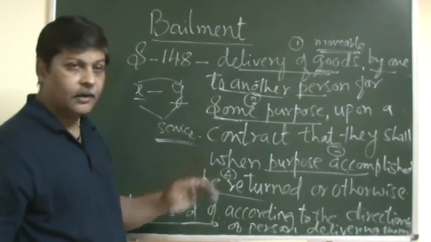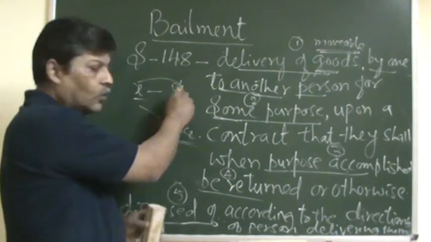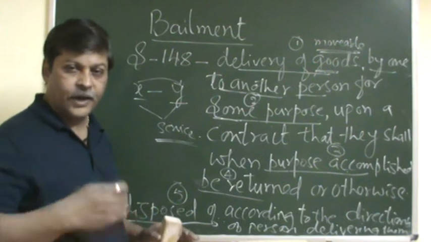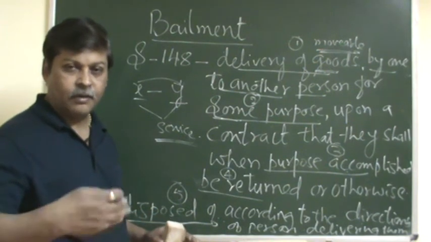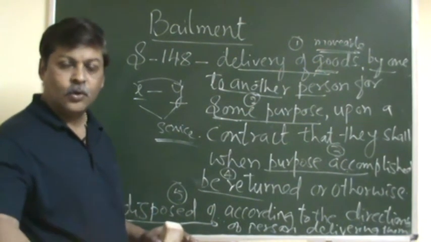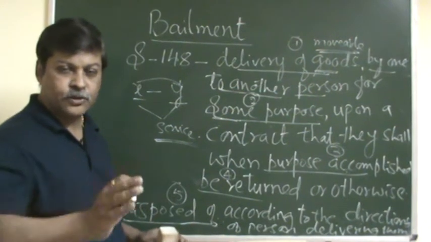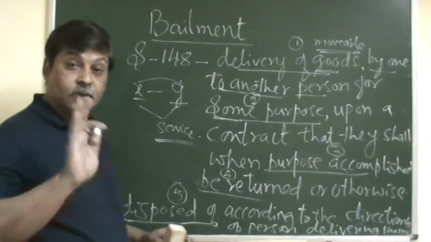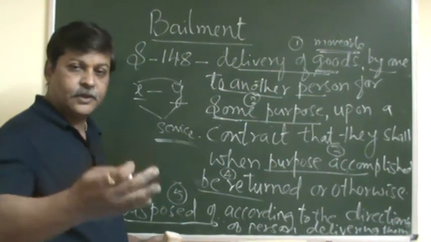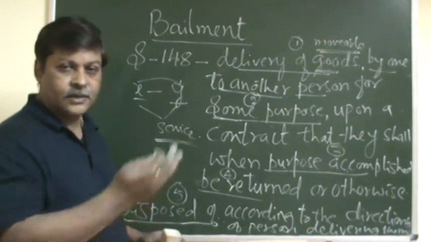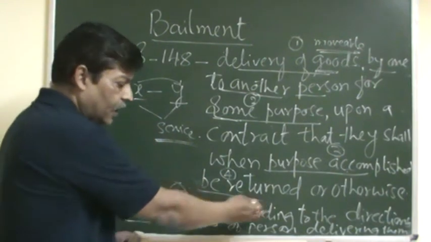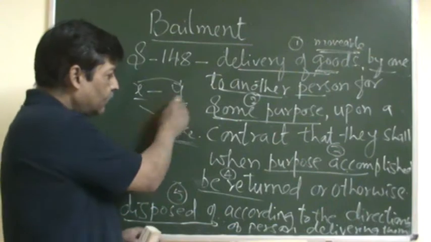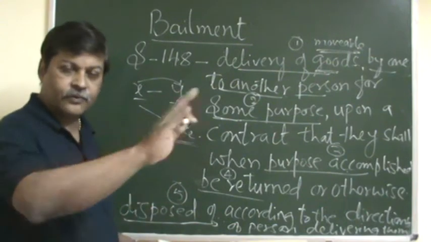For example, X has told Y to service the car, and if he gets a good customer who is ready to pay 2 lakhs of rupees, Y can dispose of the car, as X has given directions to that effect. So X has the right to dispose of it if that said amount is given, as per the directions of the person delivering them. X has given the directions to Y to dispose of the car.